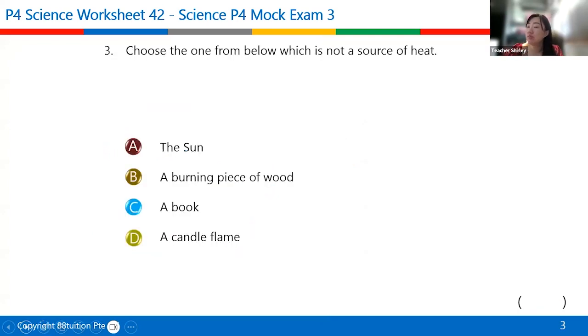Next question. Choose the one from below which is not a source of heat. Can we have Yan Kai to answer this, please? Yan Kai, are you there? Yan Kai, can you also type in the chat? I think this is not a difficult question.